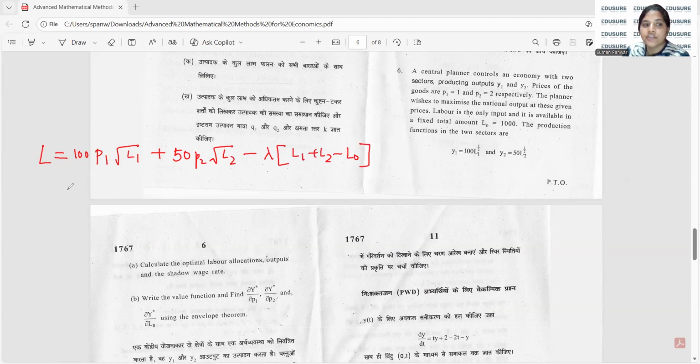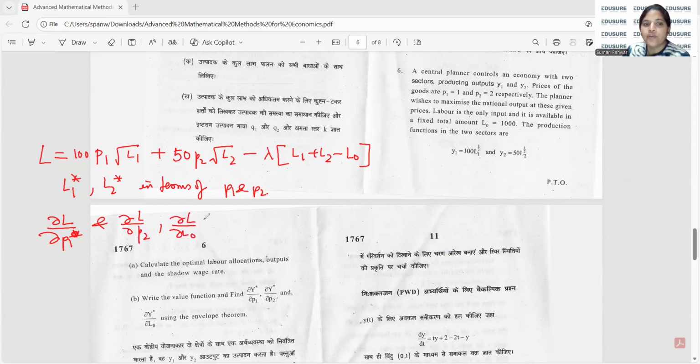We calculated L1 star and L2 star in terms of P1 and P2. So it is very easy to calculate del L by del P1, del L by del P2 and del L by del L naught. We already know that del L by del L naught is nothing but lambda. So using the envelope theorem, it will be very easy to calculate the derivatives of y star.